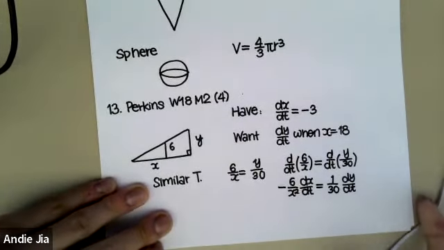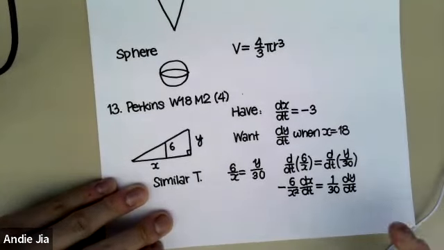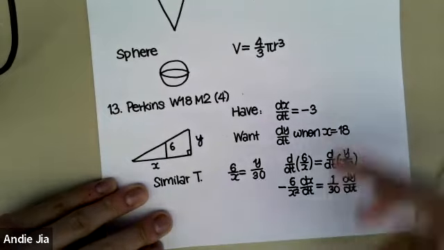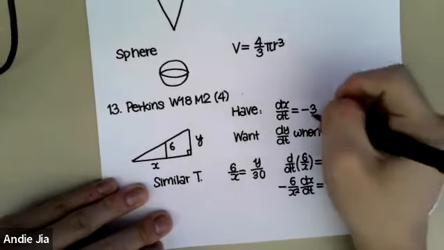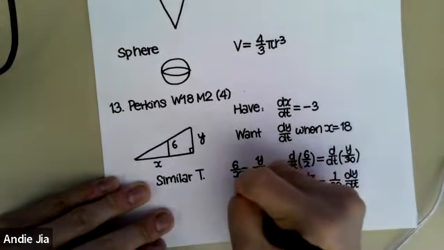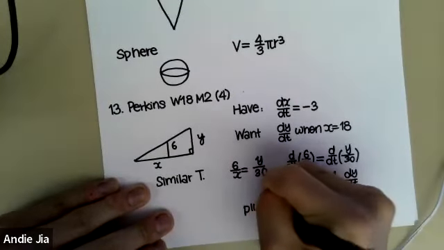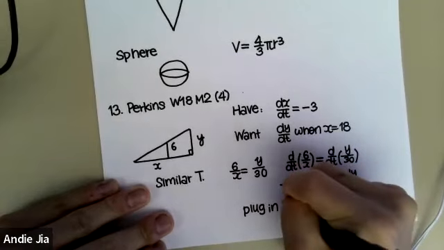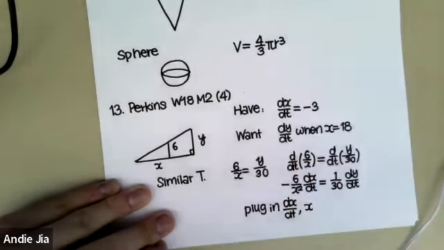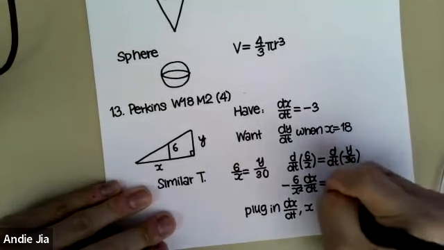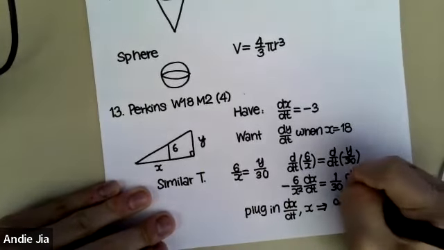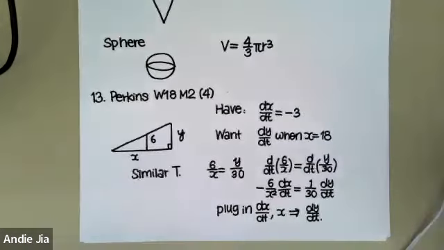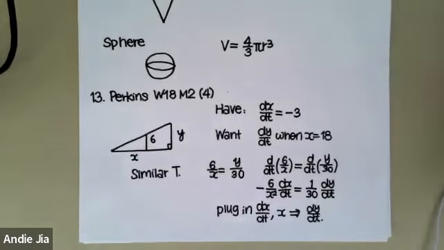Now I have a dy/dt in there, so then you put in everything given, just plug in dx/dt and x, then we know what dy/dt is. Does this make sense to you guys?